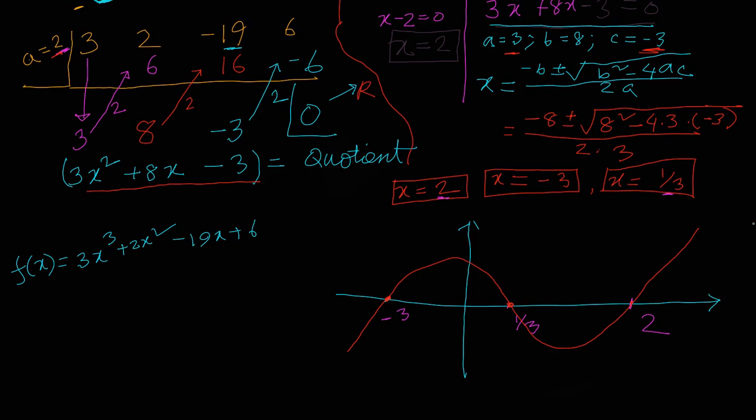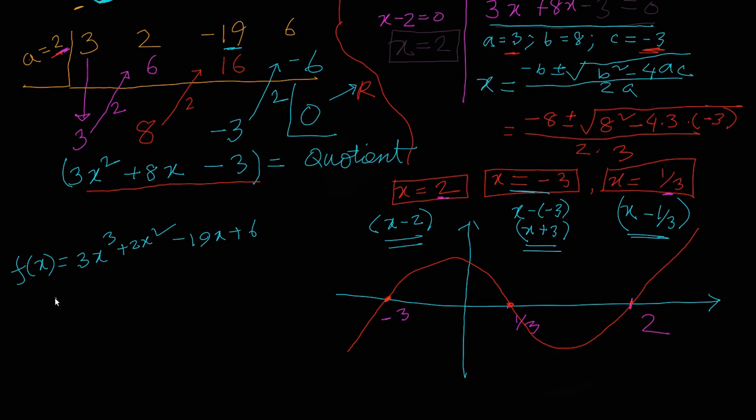So if these are my real zeros, then what will be my factors? One factor is x minus 2, and from x equal to negative 3, this will be x plus 3, and x minus 1/3 is my other factor. So these are my three factors.